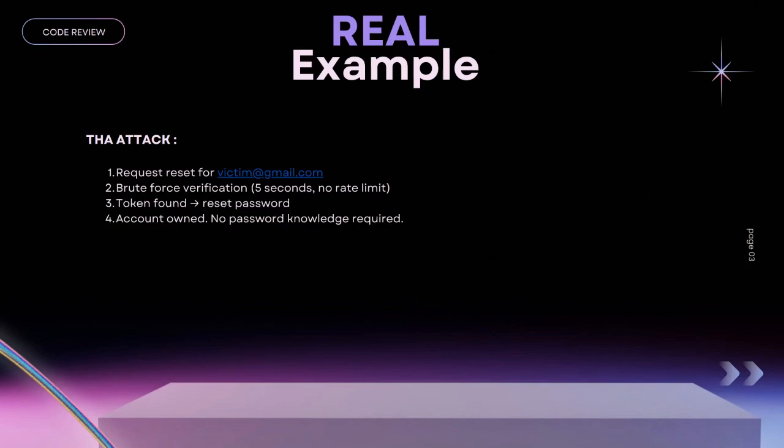So they find the token, they reset the victim's password, and they own the account. There is no password knowledge required. And here is the kicker: the token is never deleted after use. So even after the victim resets their password, the attacker still has a valid token and can use it again.